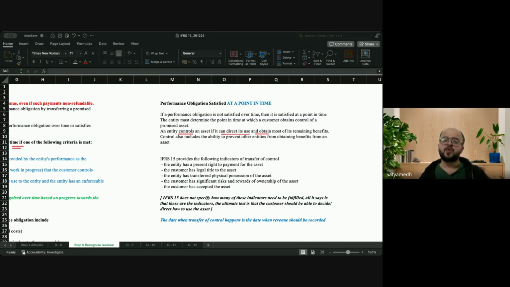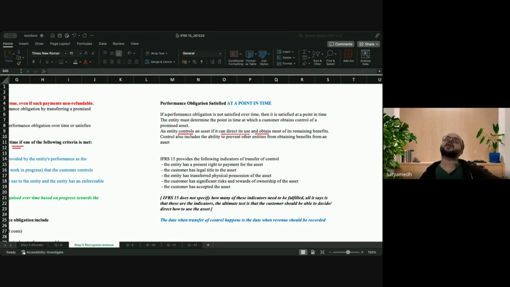And when is the performance obligation satisfied? It is satisfied when the control of the asset passes on to the other person. Now let's understand the meaning of the word control, and we will run into this word on many occasions. Specifically, when we discuss consolidation, we will run into this word.